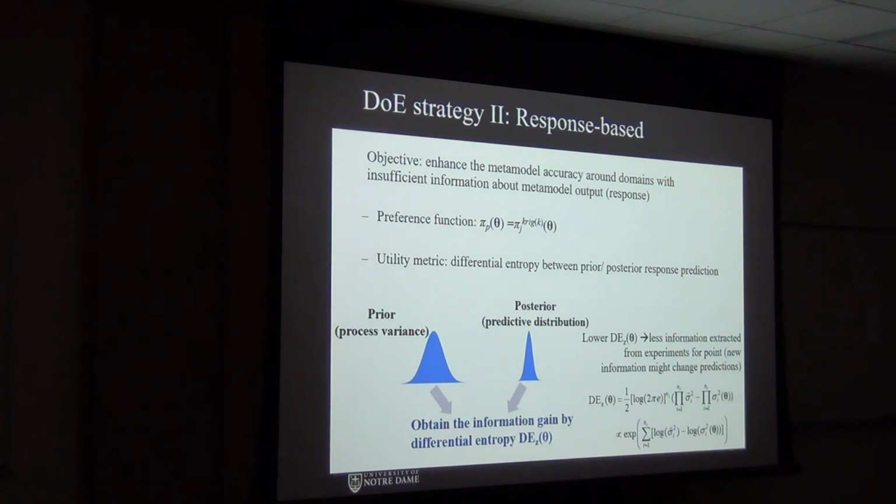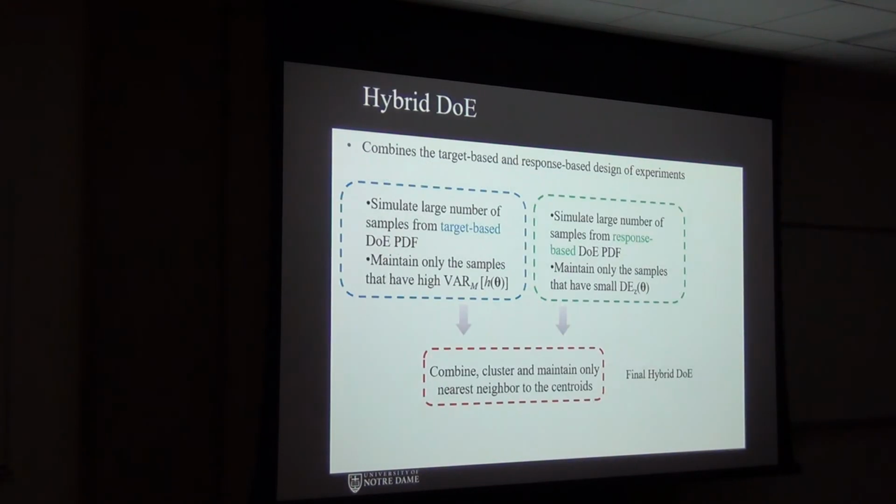And since you haven't extracted enough information, maybe it might be a good idea not to consider it. So combining these two different DOE approaches, you end up with a final DOE.